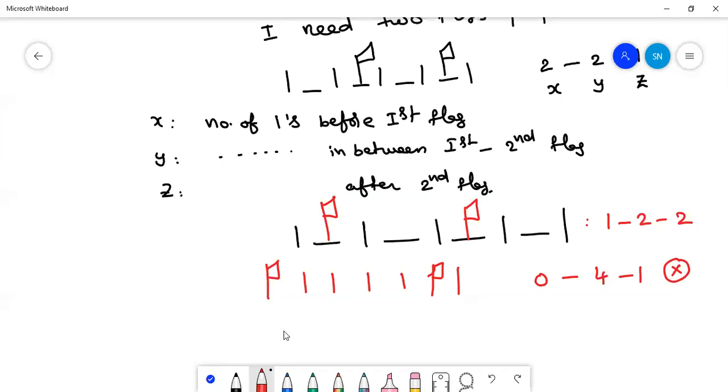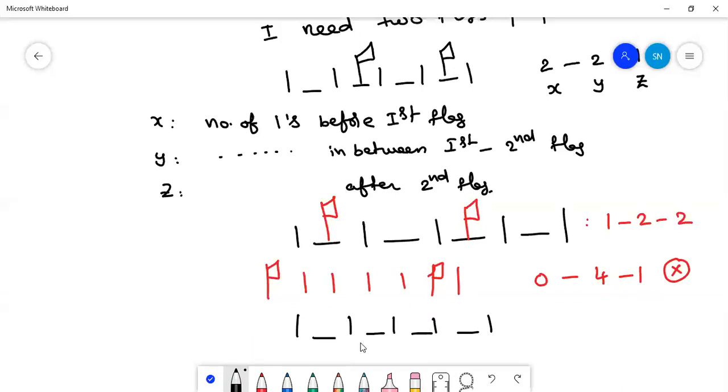So what you can understand is, when you have 5 ones, there are only 4 places in order to partition these 5 ones into 3 groups, such that each group contains at least one 1. So there are only 4 places.